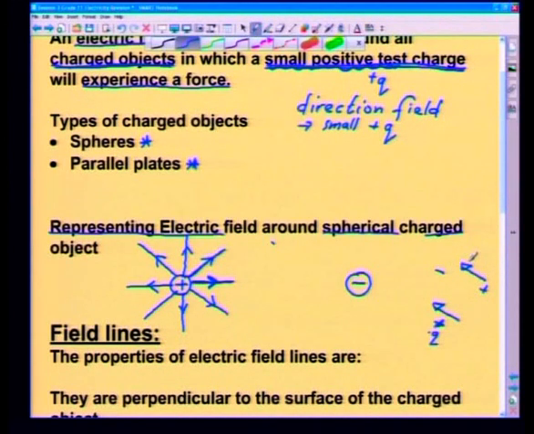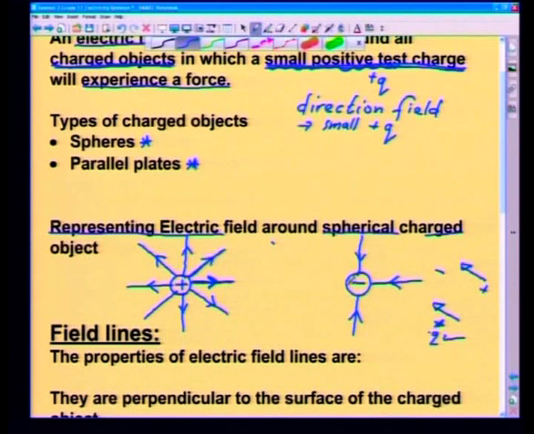So I expect that to happen. And the direction taken by my small positive test charge will be the direction of the field. So because the test charge will be moving towards my charged sphere here, that will be the direction of the field.